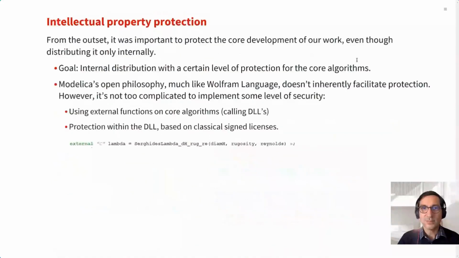So, intellectual property: the goal we have is that all engineers in the company can really use SystemModeler, because it's a tool which is very natural and easy to use. So there's a clear interest for all the engineers to be able to use it. But somehow we want to have a degree of protection of the things we are developing in the library.